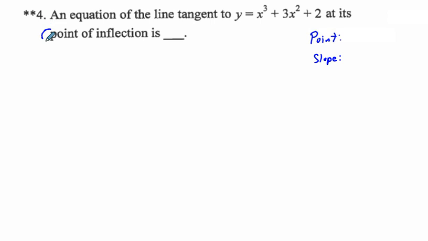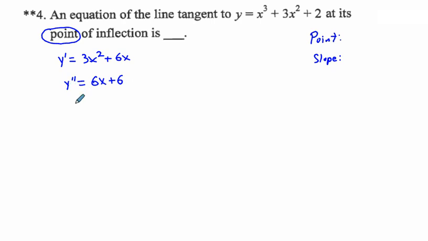And starting out with this, we really have neither, because we have to find out where a point of inflection is. And in this case, they say we have one point of inflection. So we can assume if we have a possible point of inflection, that's going to end up being our point of inflection. So the first thing we're going to do is take y prime, and that's going to be equal to x squared plus 6x, and y double prime is going to be equal to 6x plus 6.